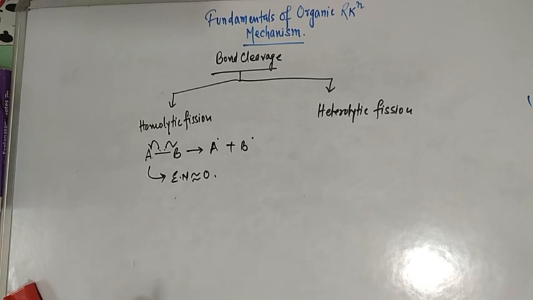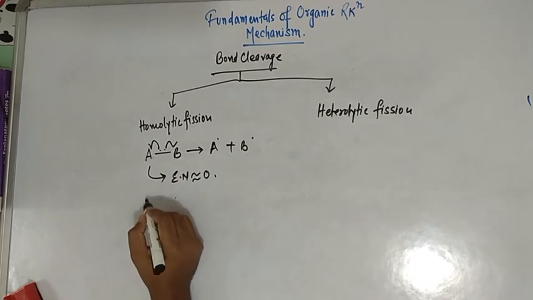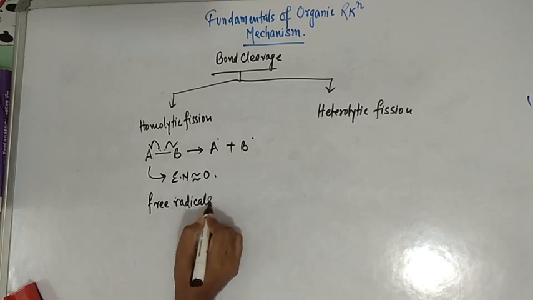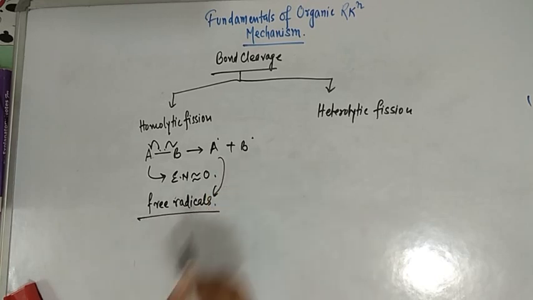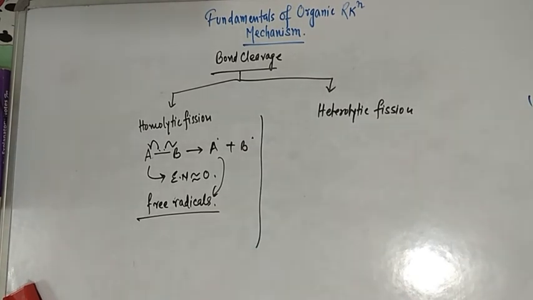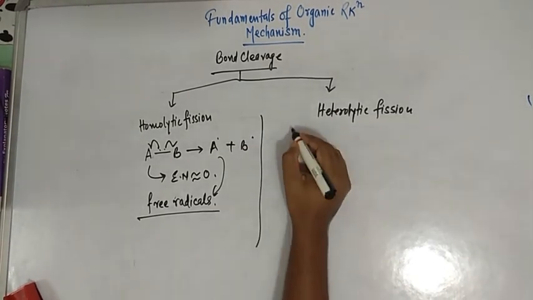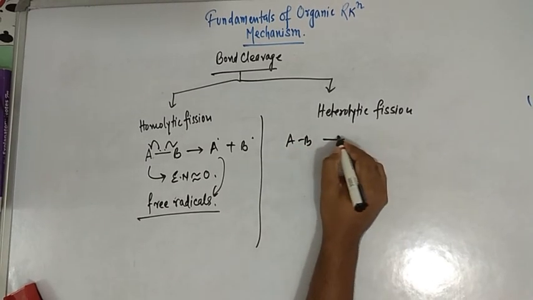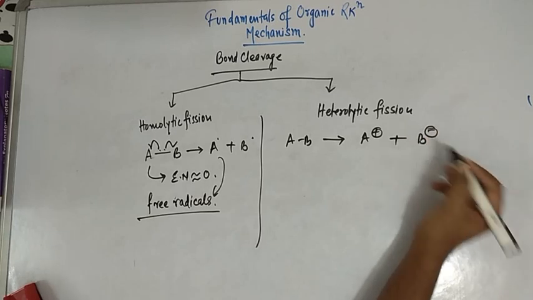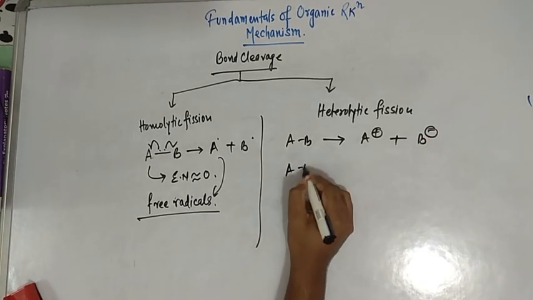We can say homolytic fission gives rise to the formation of free radicals. These are the examples of free radicals. On the other hand, heterolytic fission gives rise to cations and anions.